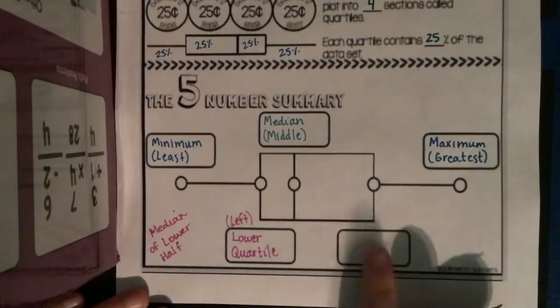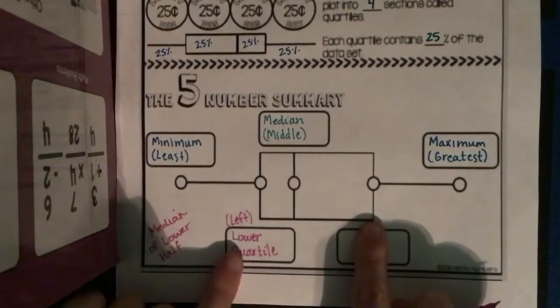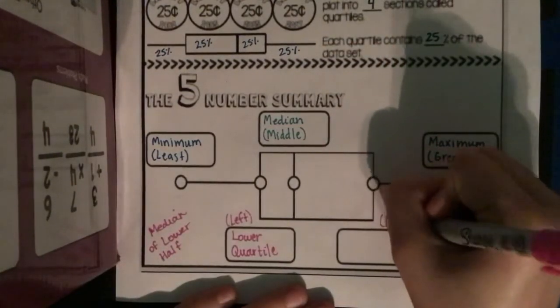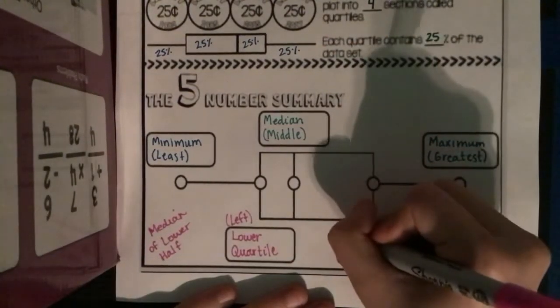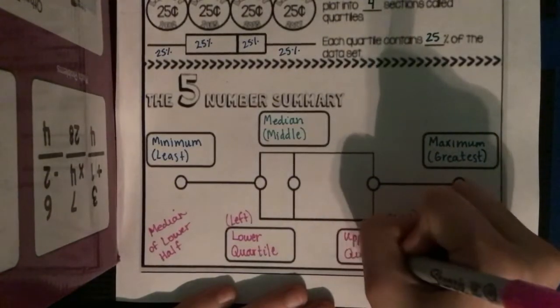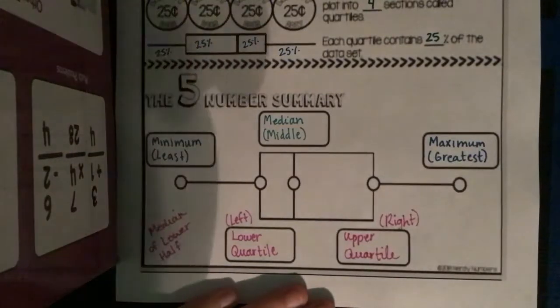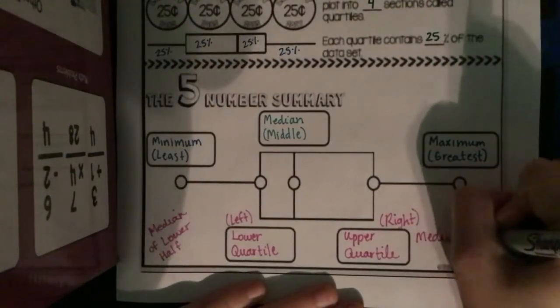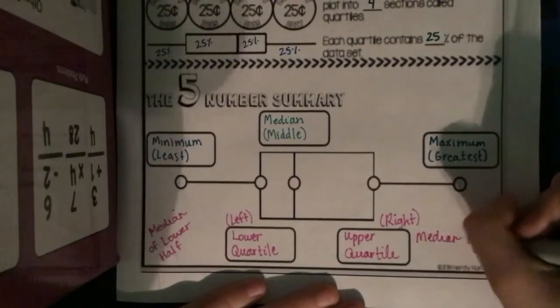The right side of my box, so this is the left, which is lower. The right side will be the upper quartile, and this would be the median of the upper half.